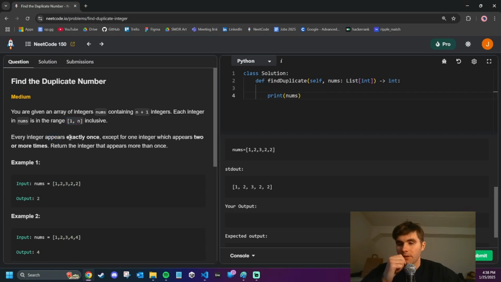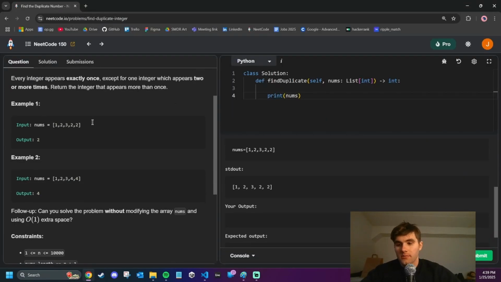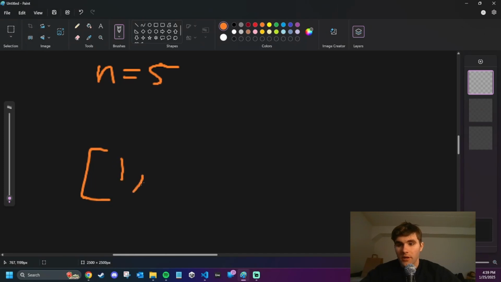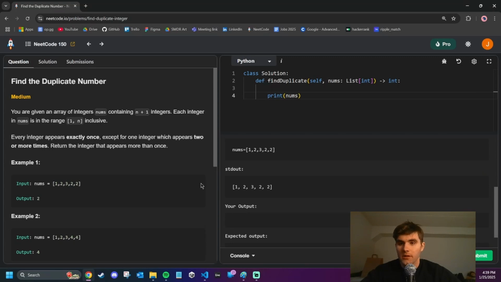Every integer appears exactly once, except for one integer which appears 2 or more times. So if n equals 5, we should expect 1, 2, 3, 4, 5 to all appear, and then one of them can be duplicated.